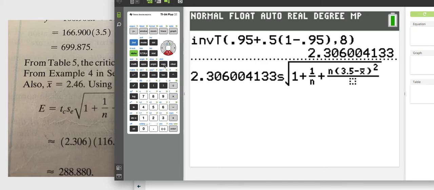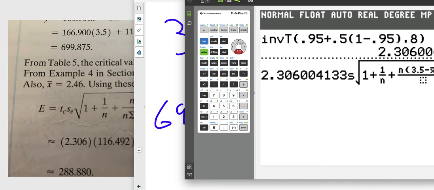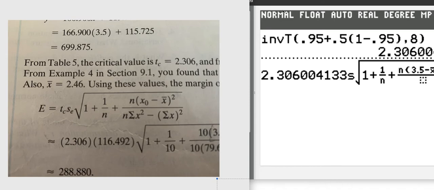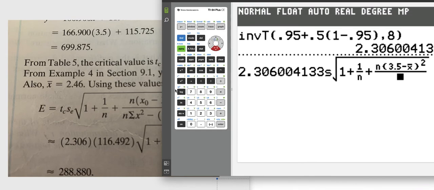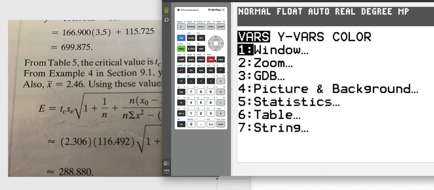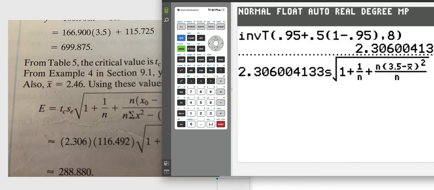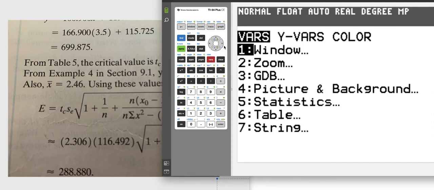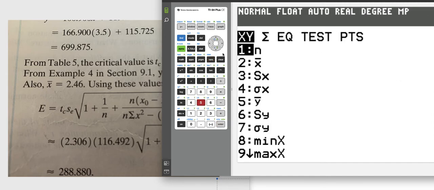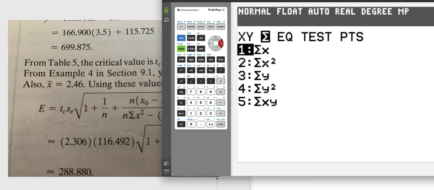Now we're doing the bottom here. The bottom is n, so I go back to VARS, number 5, n. This symbol is the sum of x squared. So go back to VARS, number 5. I'm going to go to the sum of x squared. I want that one.